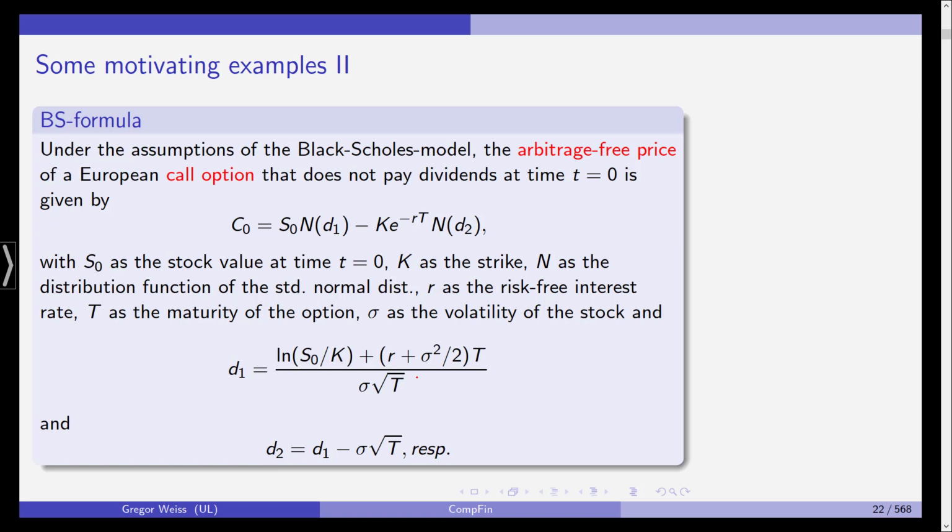So you need the current stock price S0, the strike, the risk-free interest rate r, and the stock volatility sigma. And by plugging those parameters into d1 and d2, you can plug it into the equation for C0, and what you get is the arbitrage-free price of a European call option.